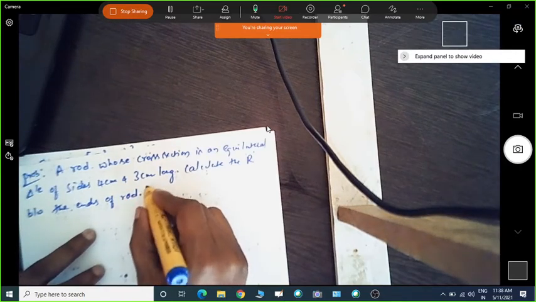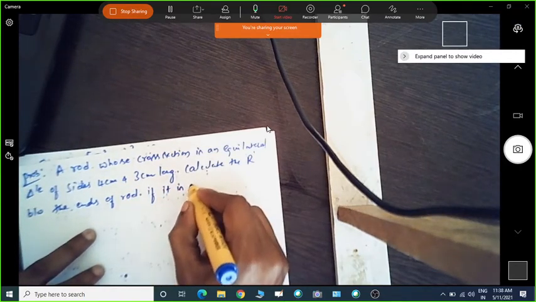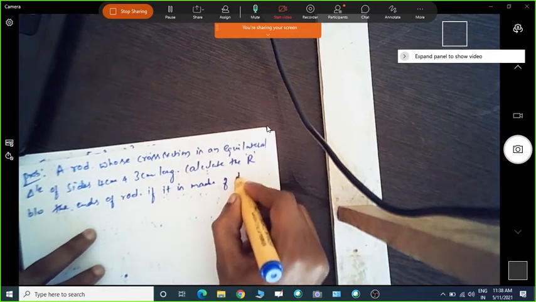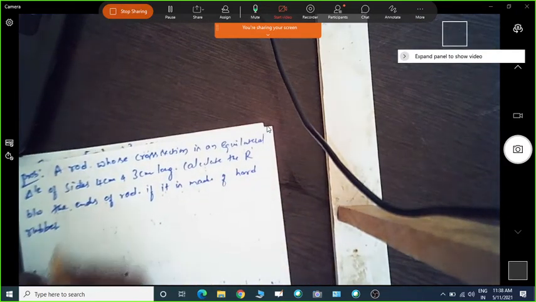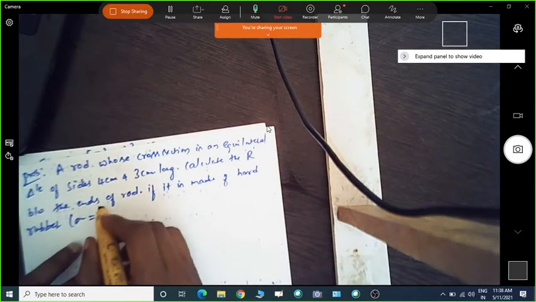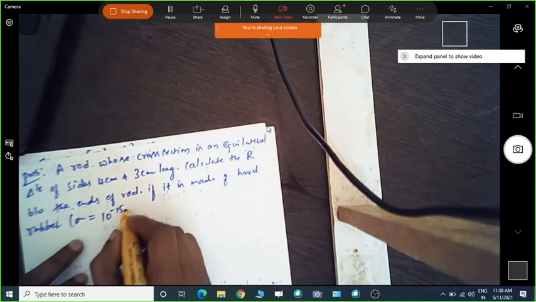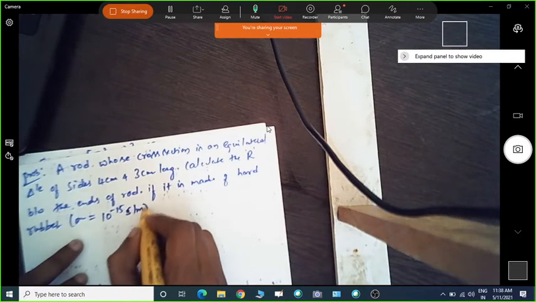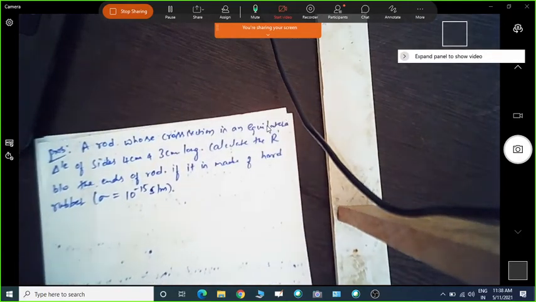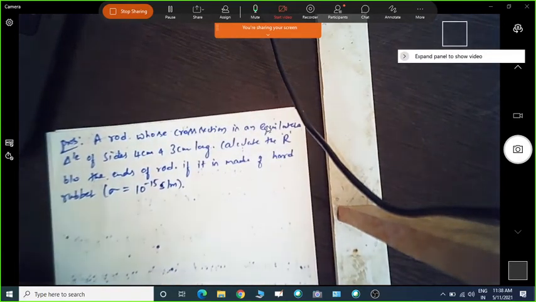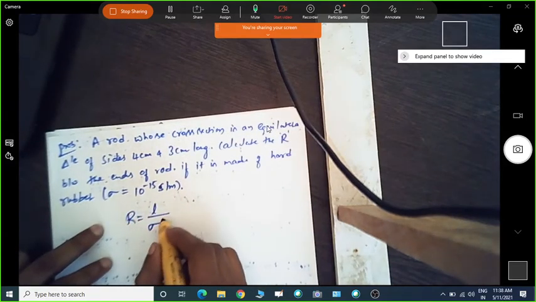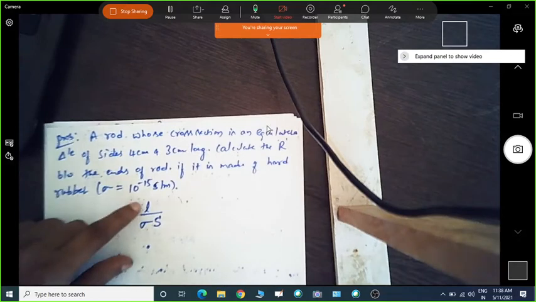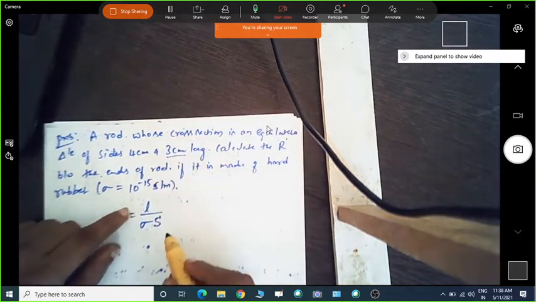If it is made of hard rubber, which has sigma, that is conductivity, of 10 power minus 15 Siemens per meter. Anyhow we know the equation, which is L by sigma into S. Now L is given as 3 centimeter and sigma is given.